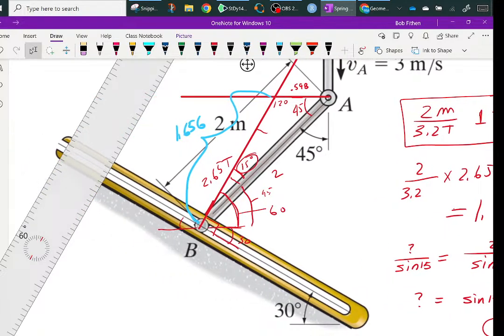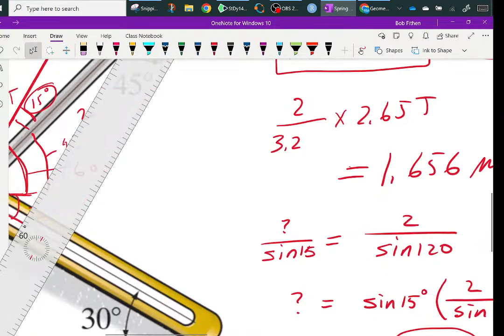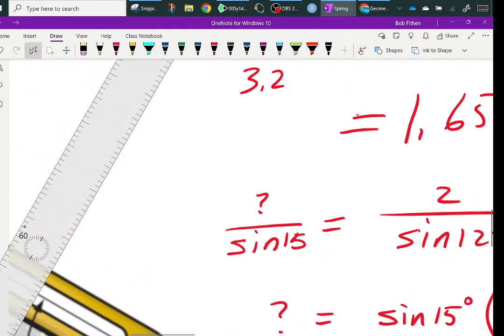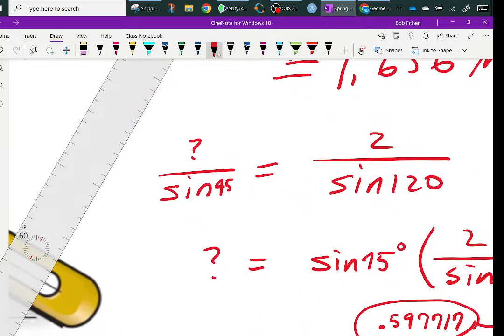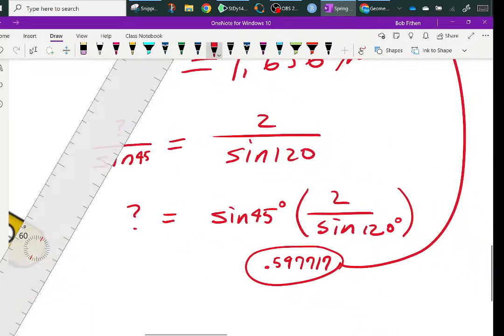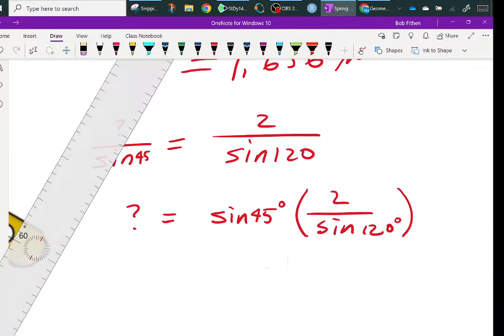I got 1.656. Let's see. If I just change this to 45, what do I get then? Okay, let's go ahead and get rid of that. This one might be a little closer, but then again, maybe it won't be.